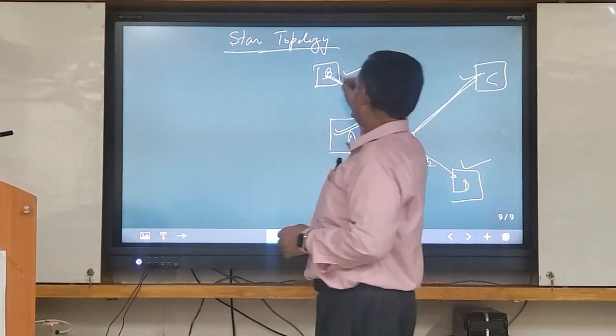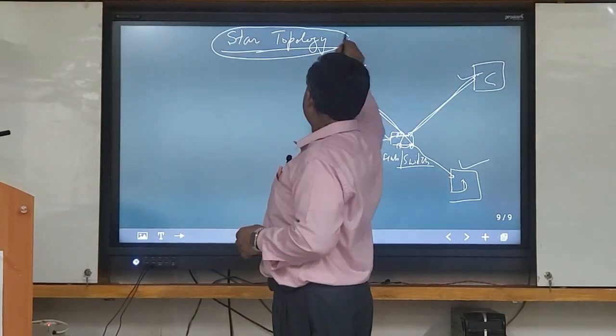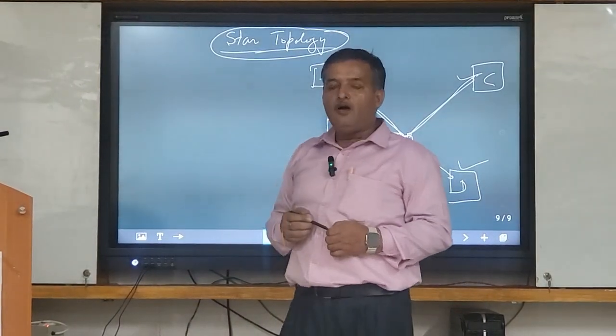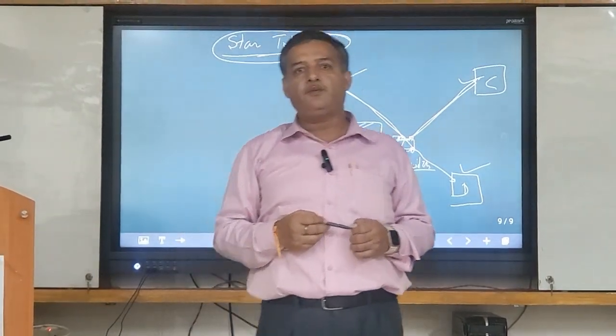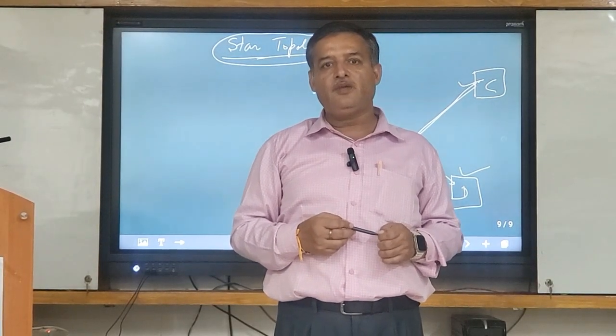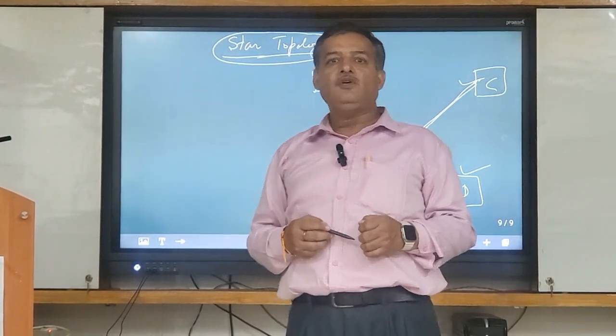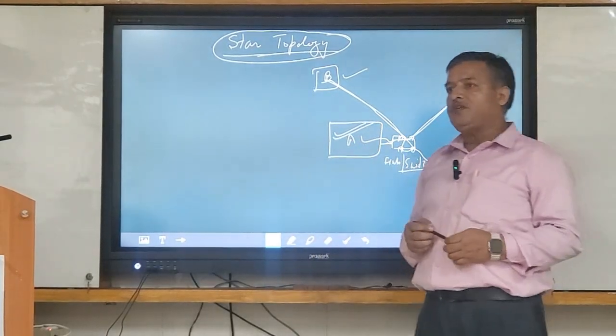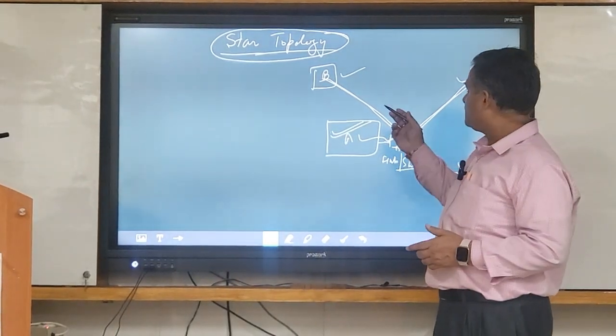So again star is a very important one. It is very frequently used in computer networking, but again has some drawbacks also. So these were the features and the drawbacks of the star topology.